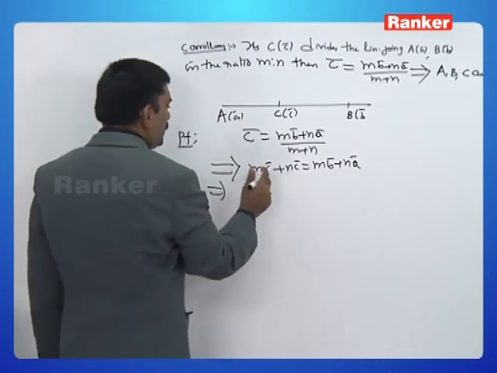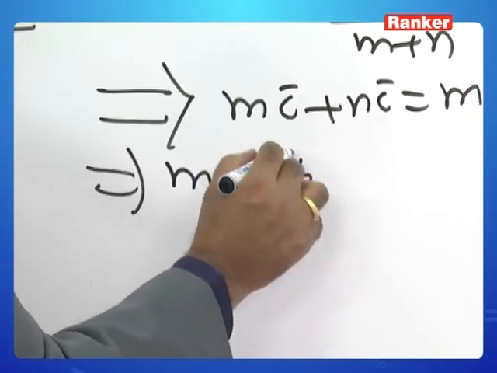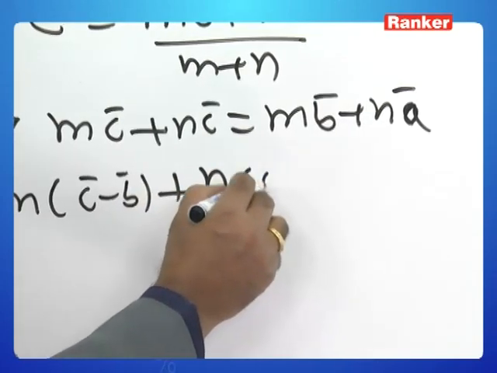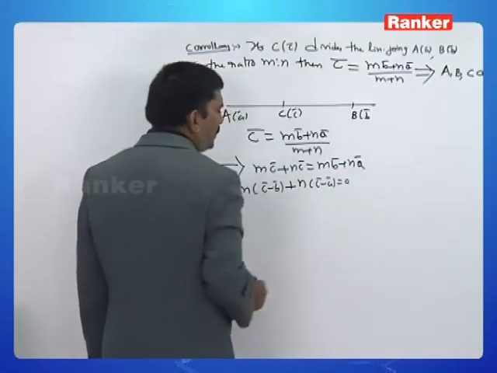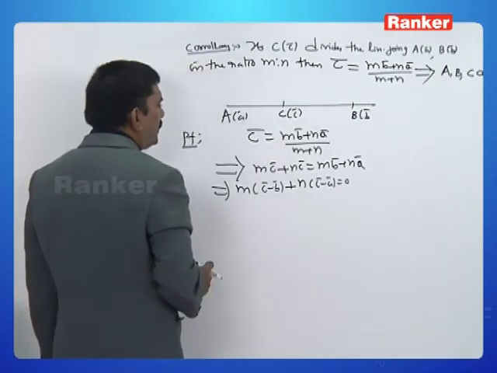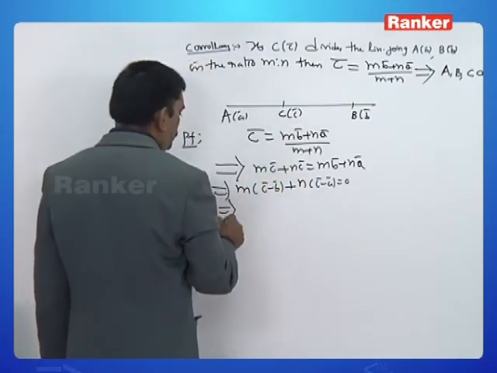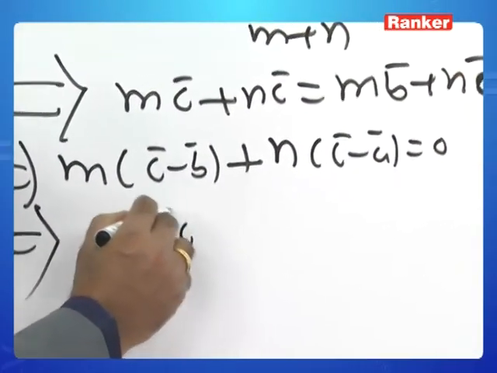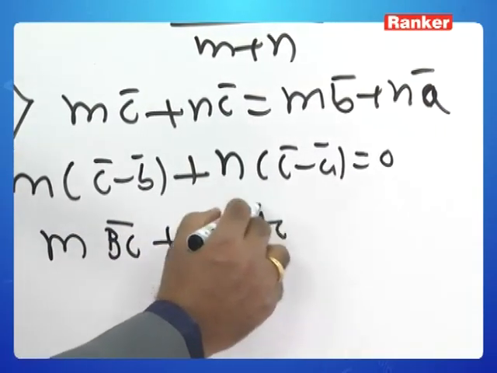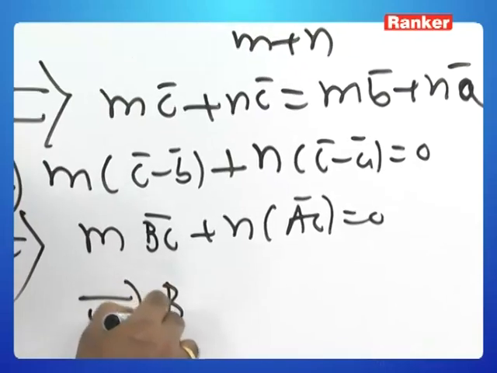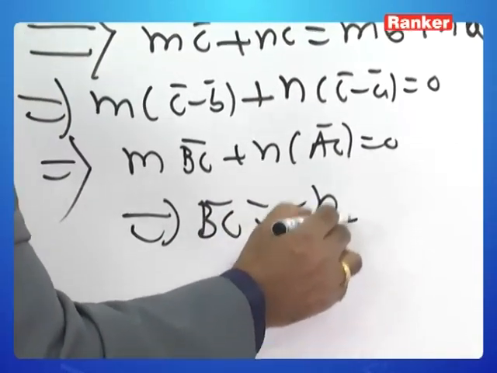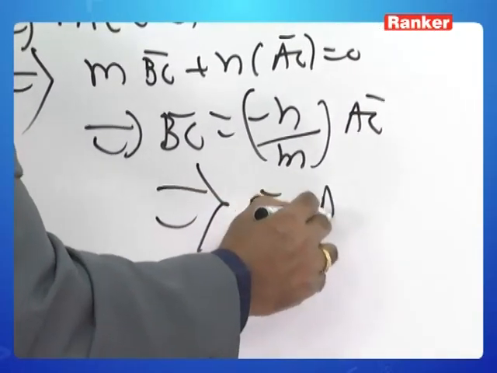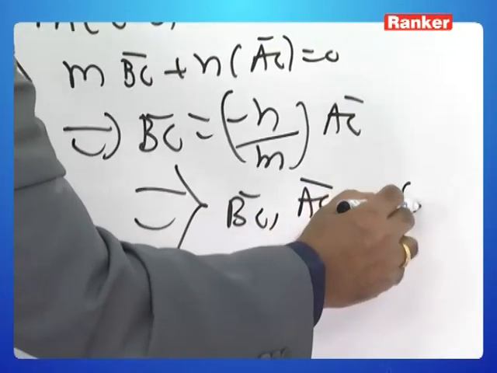Which implies, group the terms: m into C bar minus B bar plus n into C bar minus A bar is equal to 0. So I can write m into BC bar plus n into AC bar is equal to 0. Therefore, BC bar is equal to minus n by m into AC bar, which implies BC bar comma AC bar are collinear.